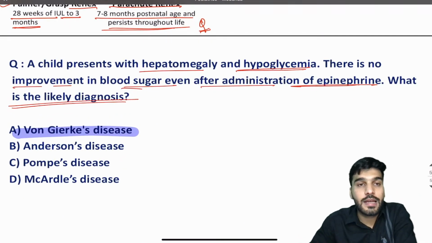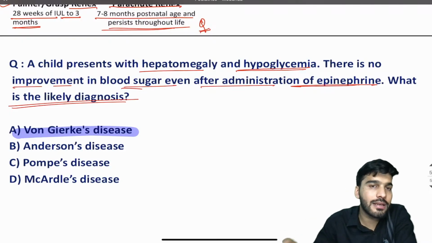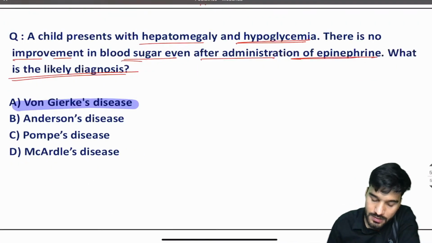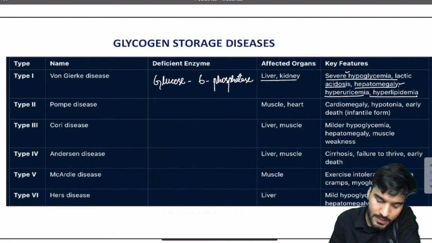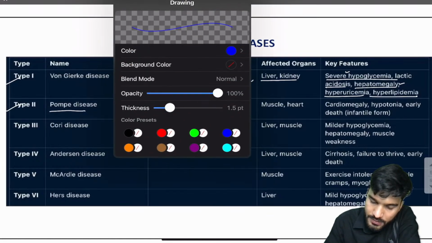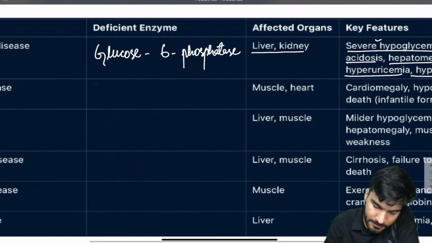The next question they can ask: what is the enzyme deficient in the given scenario? So you have to diagnose that this is von Gierke's disease, and the enzyme deficient is glucose 6 phosphatase. Next is type 2, which is Pompe's disease. In Pompe's disease the enzyme deficient is acid maltase.